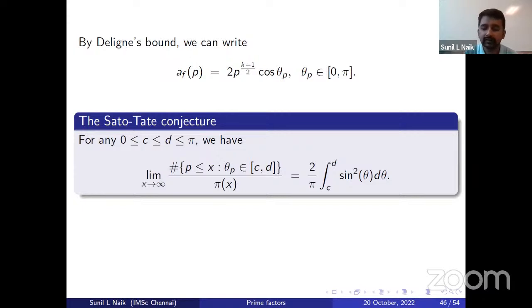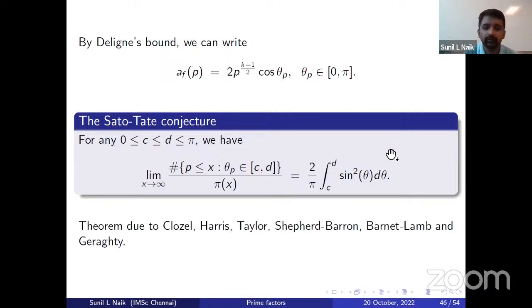This is now a theorem due to Clozel, Harris, Taylor, Shepherd-Barron, Barnet-Lamb, and Geraghty.